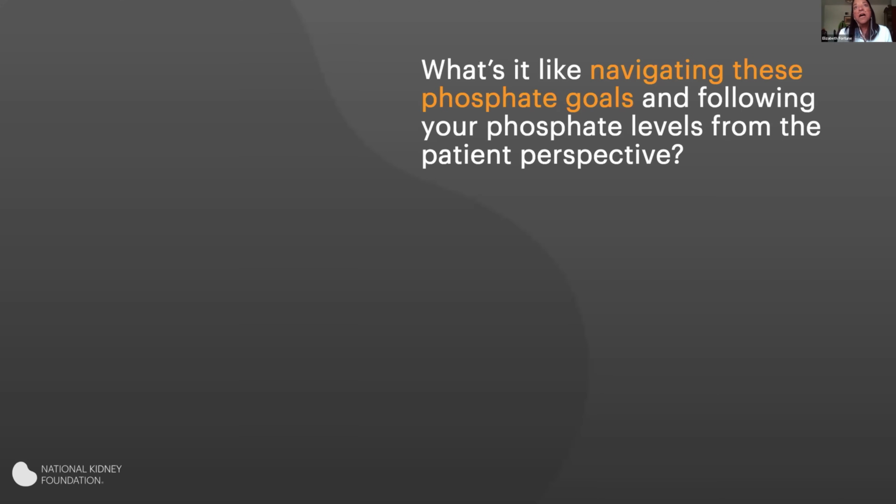And so I think also working with the patients to understand, I would love to be able to say that every day all I eat is straight up fruits and vegetables, and I eat the right fruits and the right vegetables, and my phosphorus is always in range, and I don't need binders because I'm so good at my diet. But that's not really the reality for a dialysis patient.